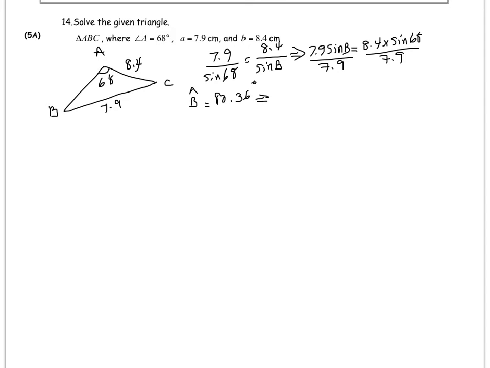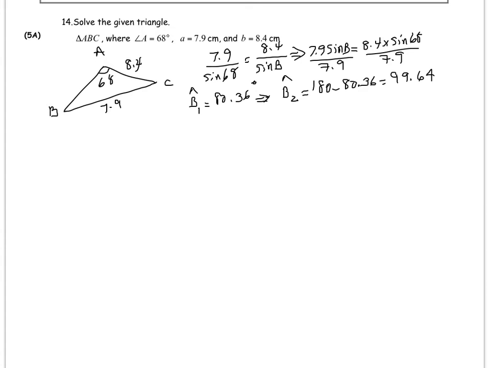From here, remember that whenever you use sine law, we have to also look at the ambiguous case. The other angle which is going to have the same sine is going to be in the second quadrant. So if this is B1, the first possibility, the second possibility B2 is 180 minus 80.36, which is going to be 99.64.